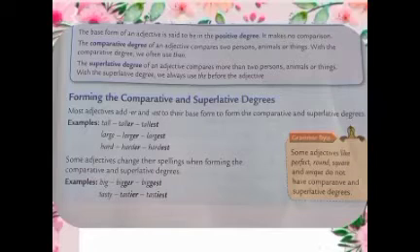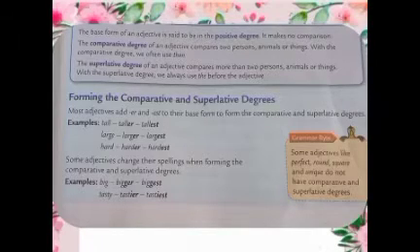So iest is added here to get the superlative degree. So tasty, tastier, tastiest. So mostly we get the comparative by adding er, and est for the superlative.